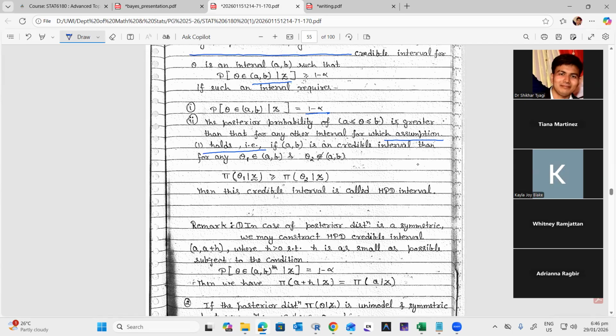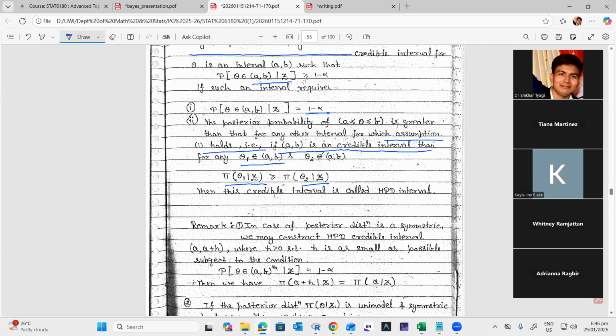That is, if A to B is a credible interval, then for any theta 1 that belongs to A to B and theta 2 that does not belong to A to B, the posterior density function at theta 1 should be greater than at theta 2.